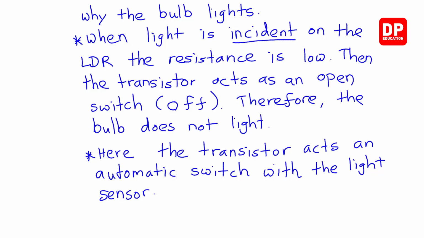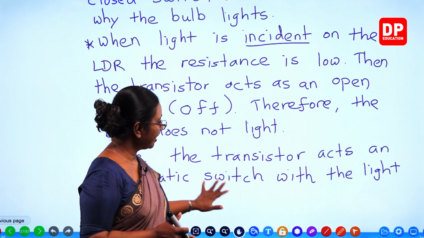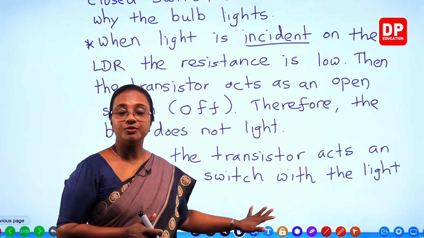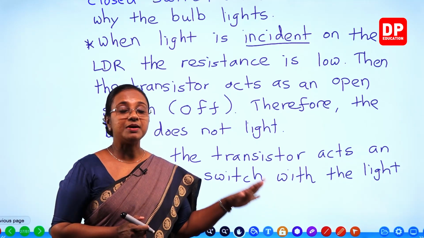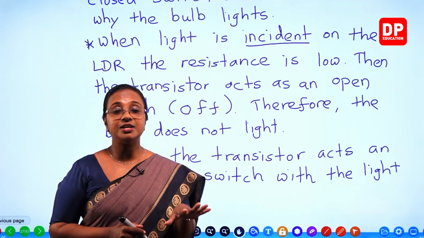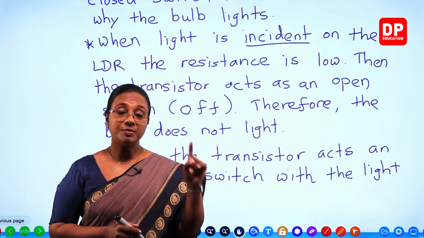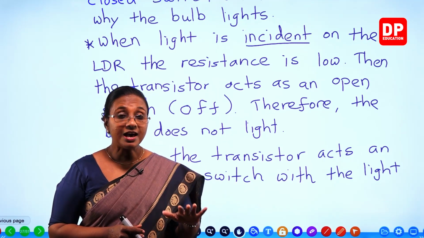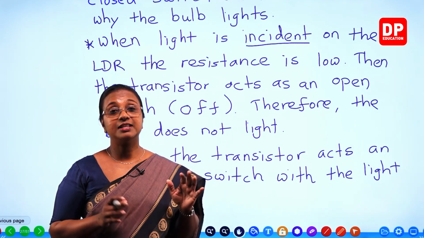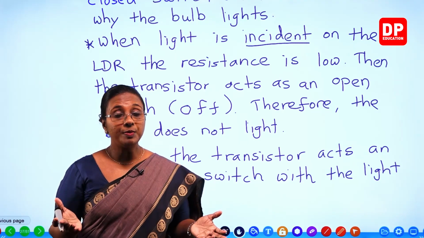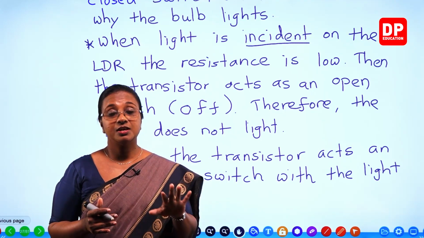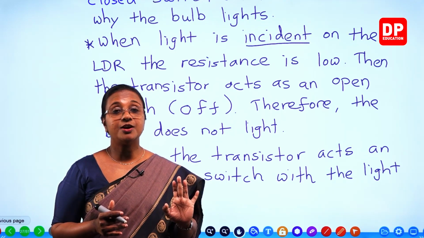Here the transistor acts as an automatic switch with light sensor. Like I explained to you all, like you all saw during the activity, when there is no light incident on the LDR, the transistor acts as a closed switch, so the bulb lights. When there is light falling on the LDR, the transistor acts as an open switch and there is no lighting of the bulb.